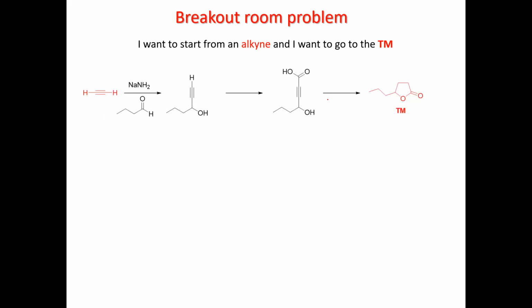Let's analyze it all. So, opening of the lactone was, of course, a very good option. Since you have to start from the alkyne, you need to place the alkyne somewhere at some point.